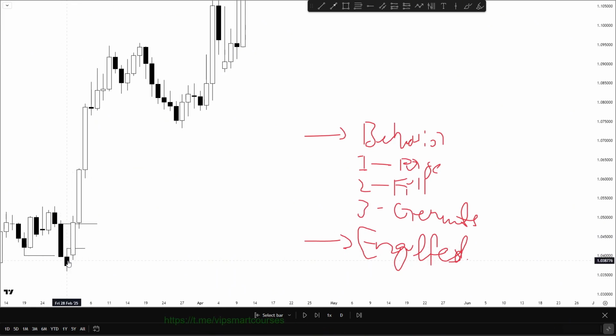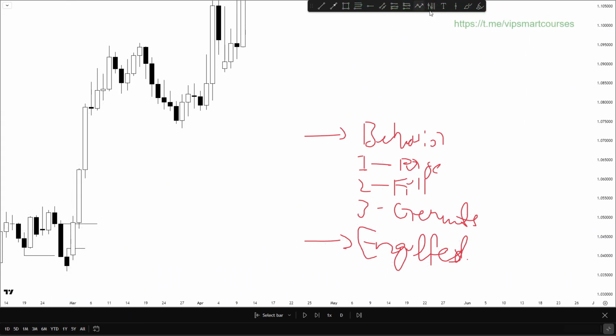The reason for that is that price closed above these two candles together as a whole, which brings us to our next idea, which is when to choose a single candle and when to choose multiple candles in an order block. And that boils down to how price closes above a candle or those candles.